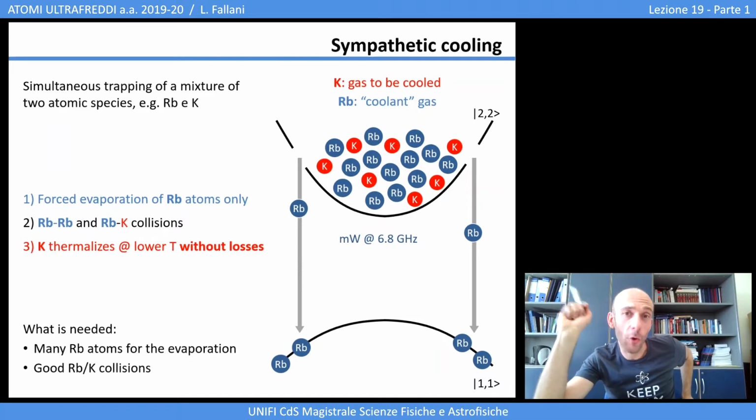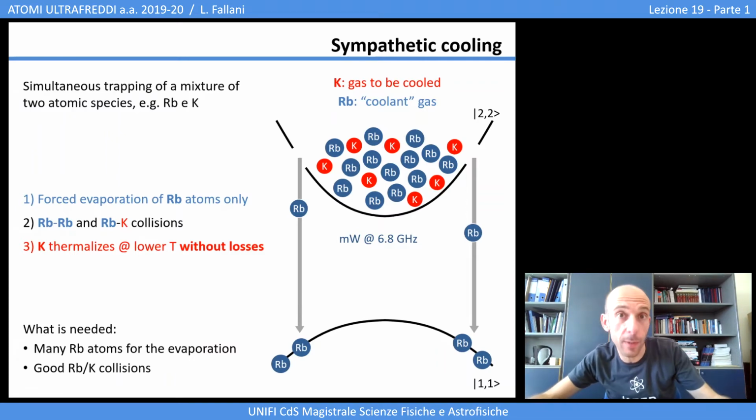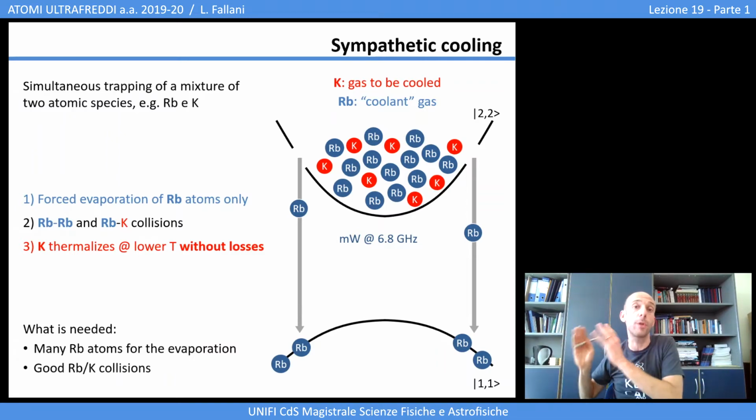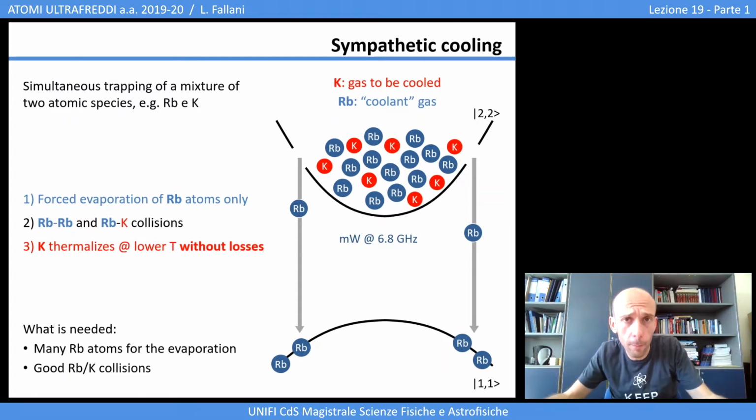Here we have a trap, and in this trap you're trapping two different chemical species, for example a gas of potassium atoms and a gas of rubidium atoms. First, of course, you have to laser cool both of them, with different lasers or with different modes, and then you trap them in the same either optical or magnetic trap.